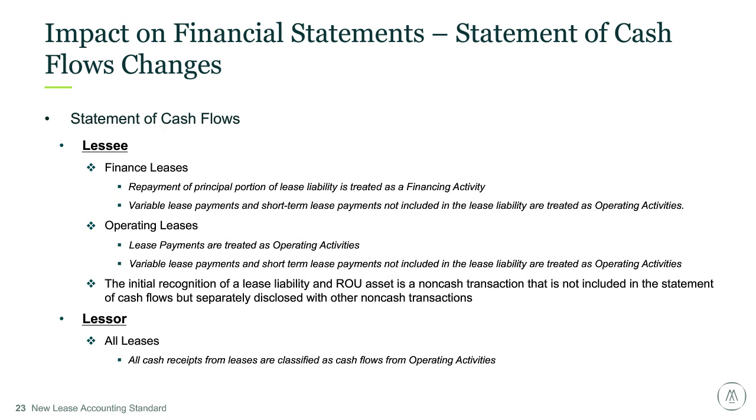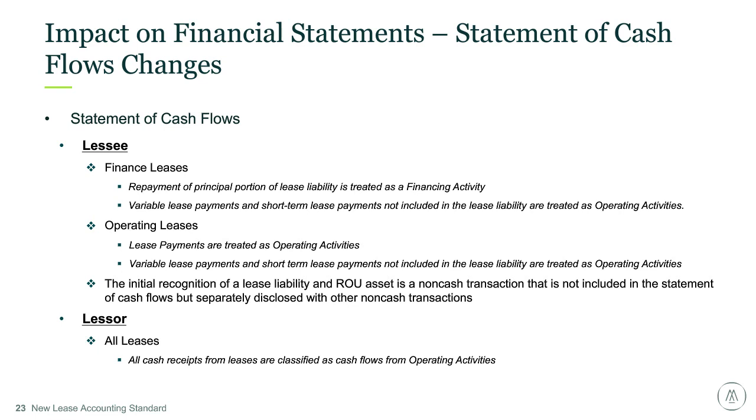One of the things to note here is that the lessor treatment is different from legacy GAAP, as ASC 840 did not include guidance on the classification of cash received from leases in a lessor statement of cash flow. So this is one of the key differences from legacy US GAAP, just something to highlight.